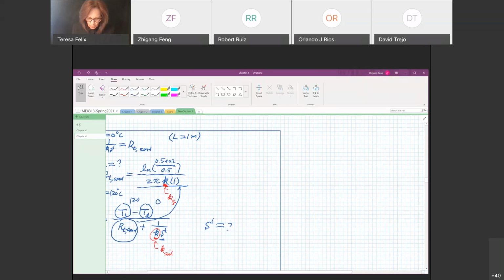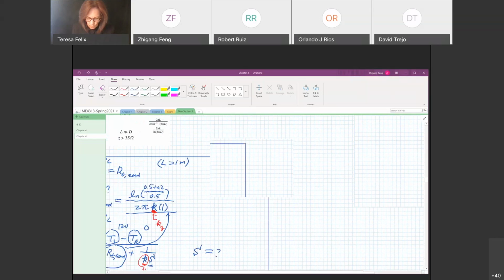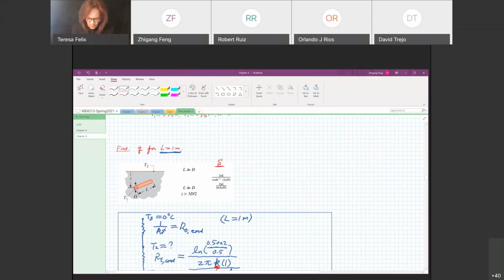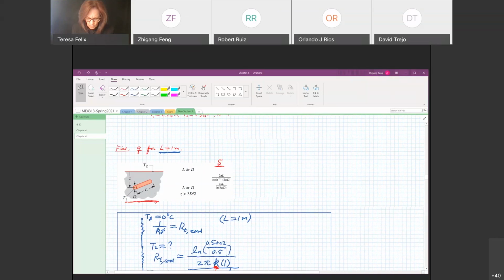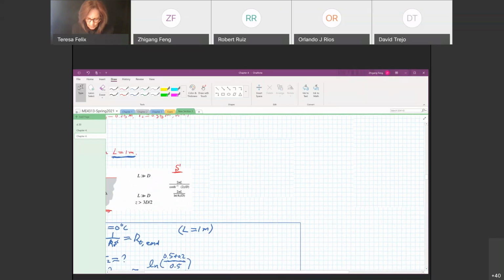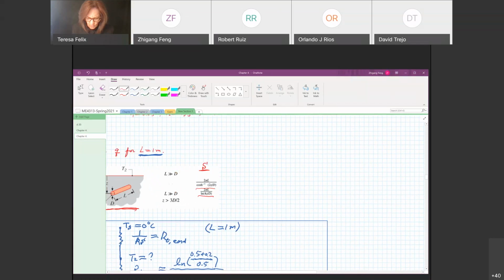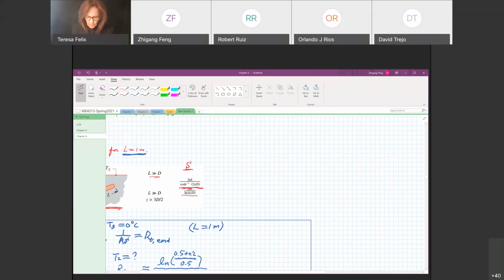Okay, so now we need to determine S. So we go to the table 4.1 and identify the configuration. So this is the configuration we have: a long cylinder and a semi-infinite domain. So the shape factor is given by these two formulas, depending on the condition. The first one is more general. It doesn't require Z to be larger.